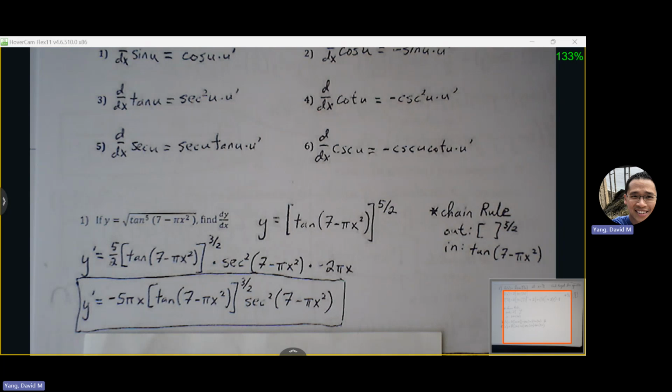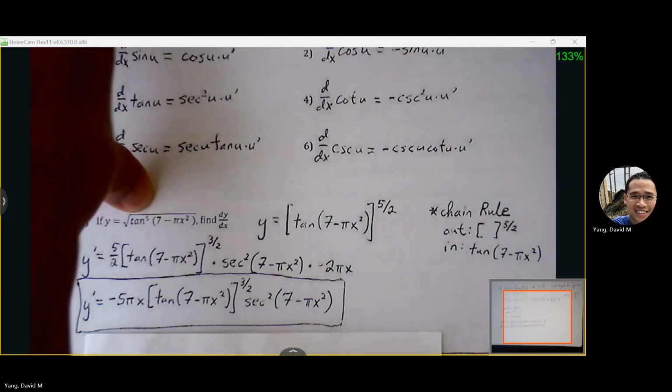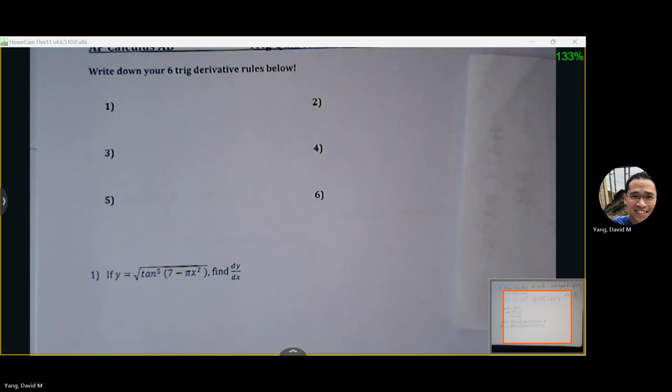And then as far as cleanup, just combine all the non-trig terms in front. Now number 2.